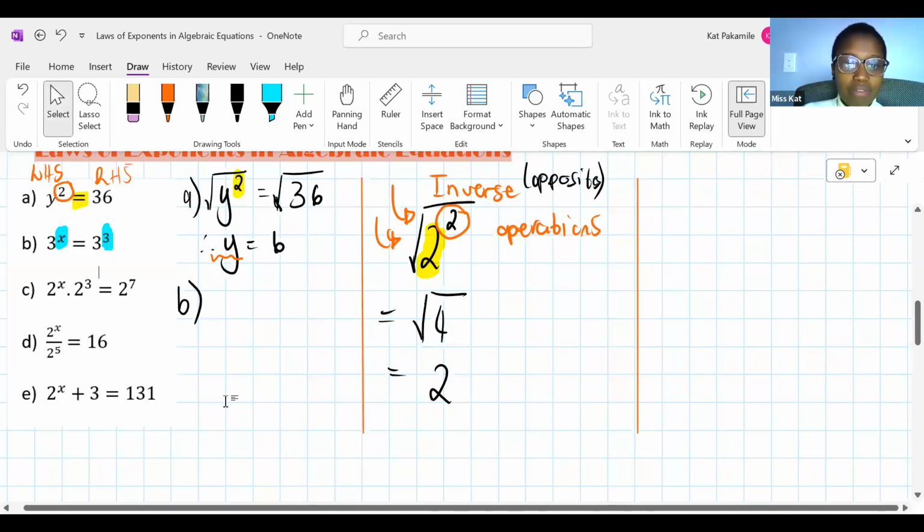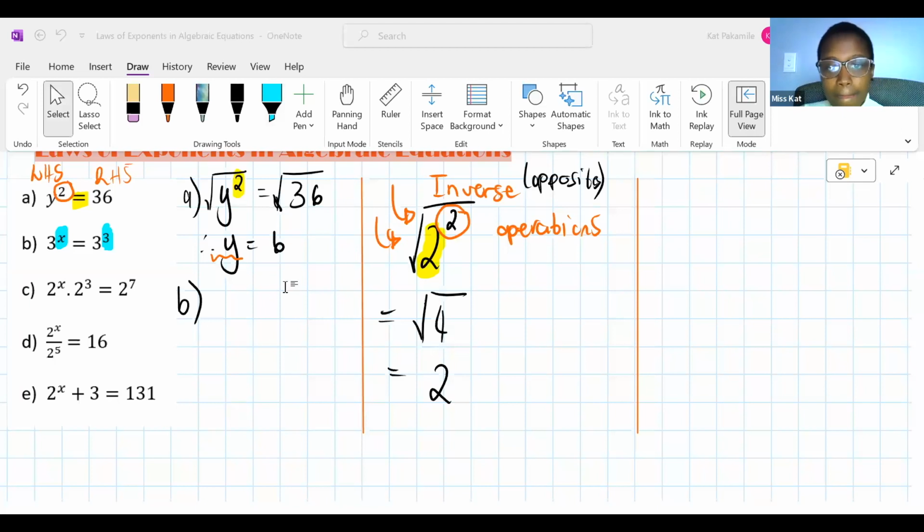What does that something have to be? How did you get 2? Ma'am, when x is equal to 1, so 3 to the power of x is technically 3 to the power of 1.